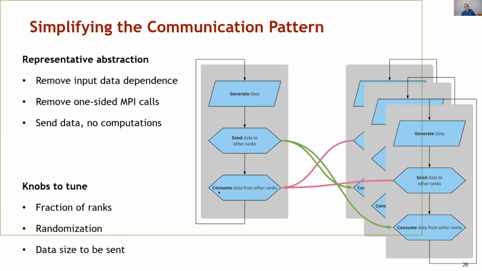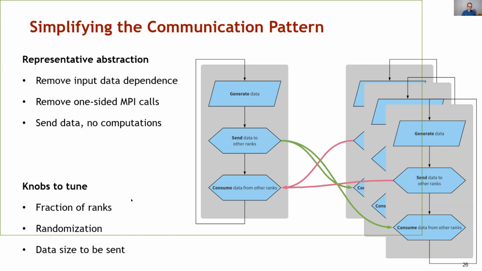So we built a mini app for this. We removed all input data dependence, we removed the one-sided calls for bookkeeping, and we simplified it to just sending data out and doing no computations. I think there's a small sleep in there just to simulate something, but it's pretty homogeneous compared to the heterogeneous work we do.